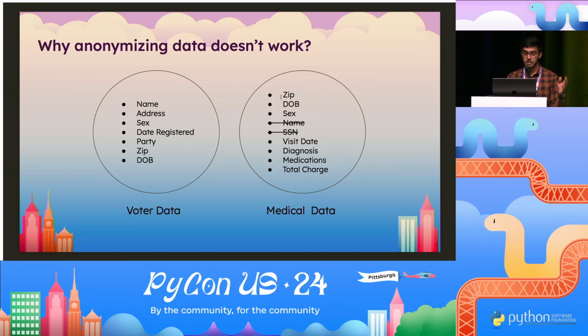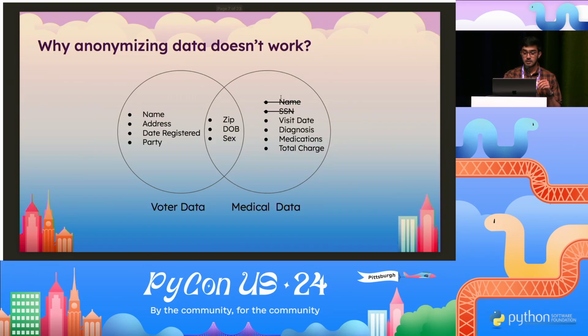Once we identify these common attributes, what an adversary or an analyst could do is identify unique patterns among these three attributes. If there's a unique combination of the zip code, the date of birth, and the sex of individuals, and some combination of these attributes is fairly rare in the data set, they can potentially link these two rows, and then uniquely identify individuals in the other data set.